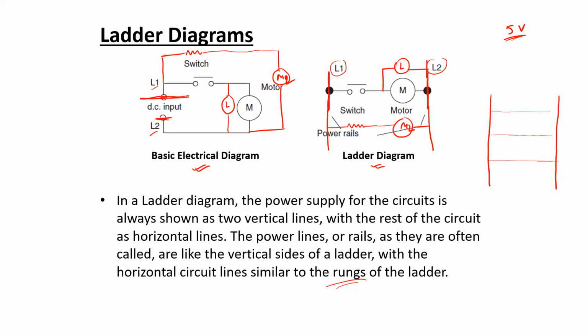So in that case, you can draw the ladder diagram, but it will be only two vertical lines, an equivalent Thevenin resistance, and the load that you are going to connect to that particular network.